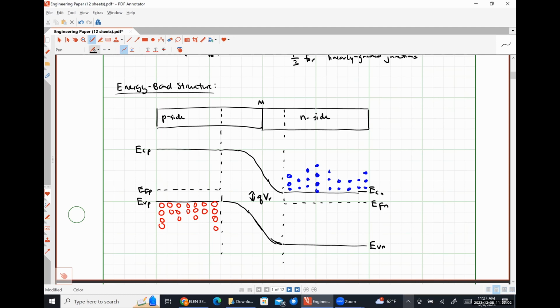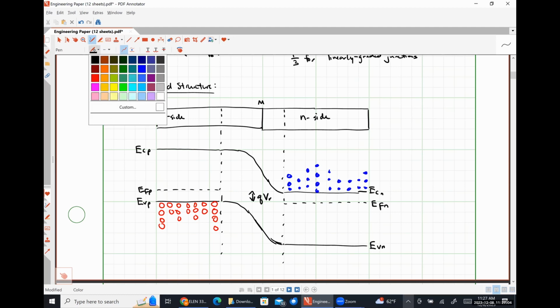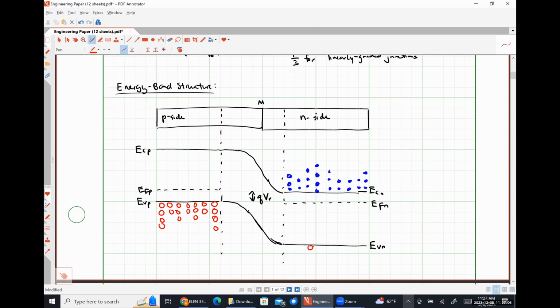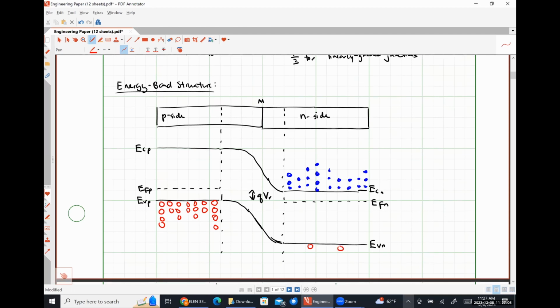So we have a few minority carrier holes over here, and they see, let me do this in a different color because this is getting too busy.